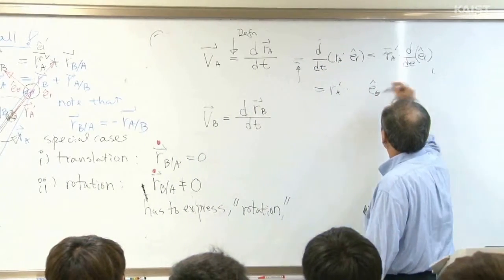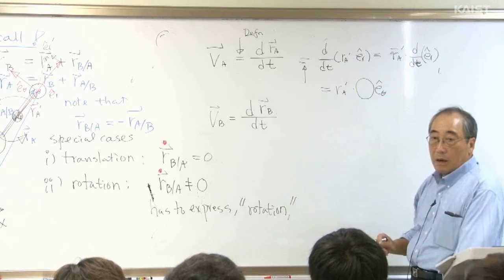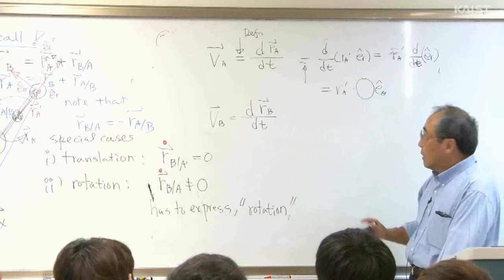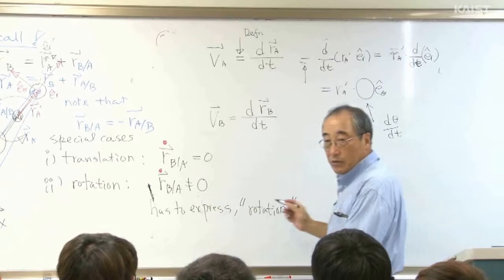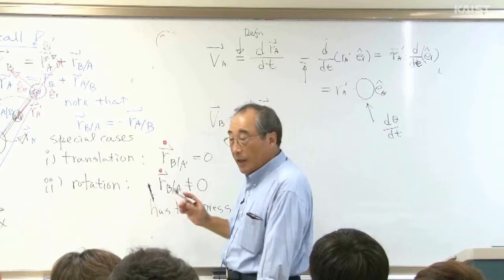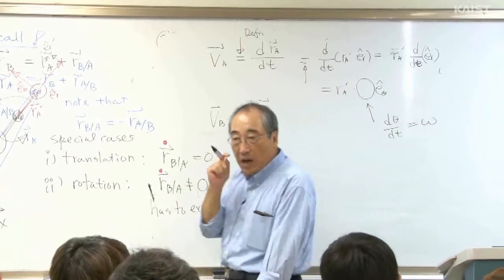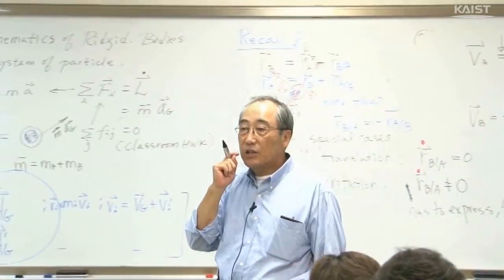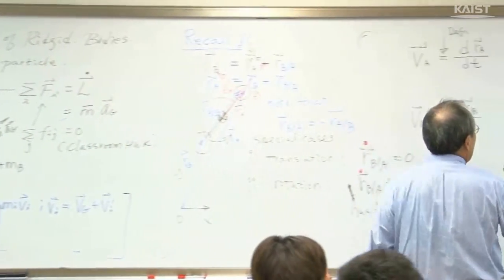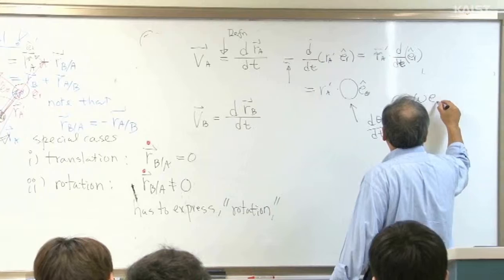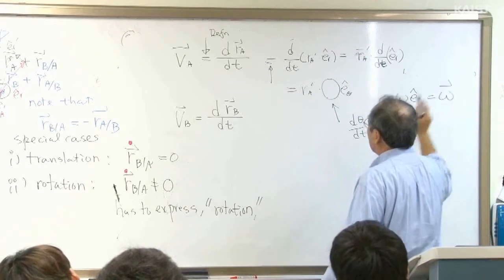And what is this over here? That has to be the rate of change of angle with respect to time. Okay? That we call omega, because omega is the rate of change of angle with respect to time. And we call omega E theta equal to the omega vector.